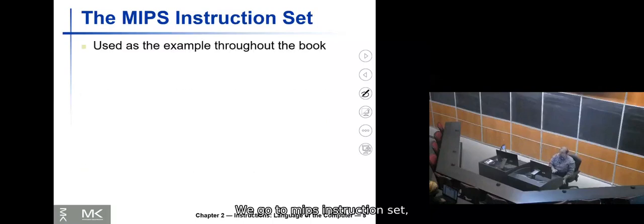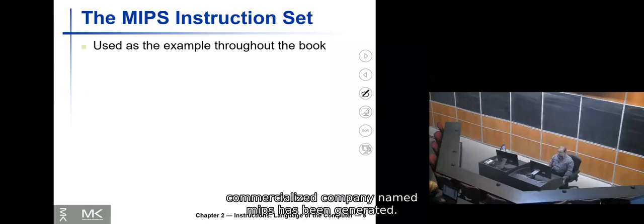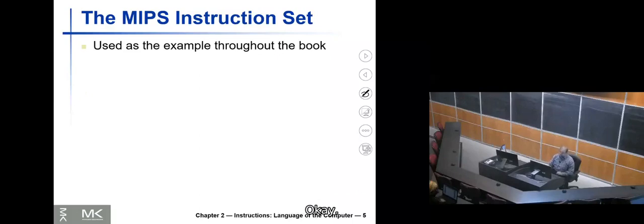So as I mentioned, x86 is a machine. It has its own instruction set. We go to the MIPS instruction set, which follows the idea of RISC. MIPS is something that Hennessy and Patterson invented, and after that a commercial company named MIPS was created.